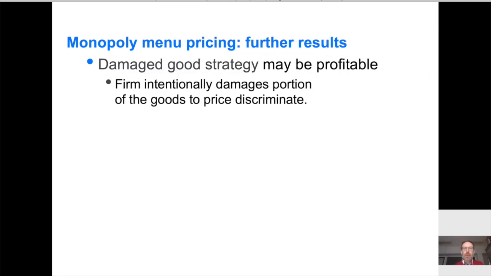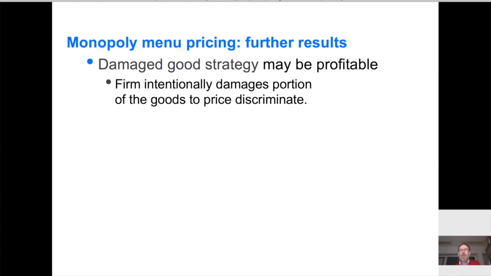Right, so let us just mention one further result. It may be the case that a firm would find it profitable to add on the market a version that is of lower quality and at the same time is more costly to produce. If you hear that, you would say, well, this is silly. Why would I, as a firm, introduce a product which consumers don't like that much?